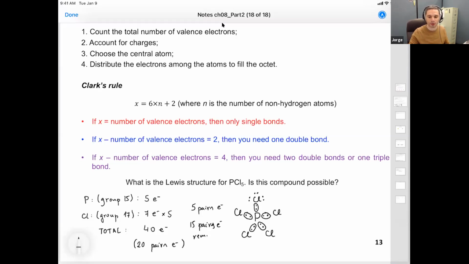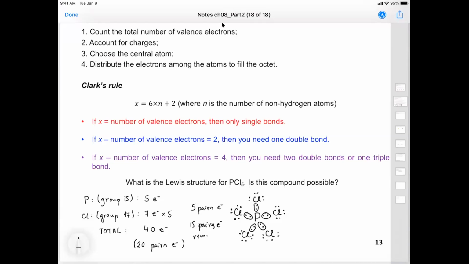So let's move on to the next one, and I will follow the clockwise order. Same thing, 1, 2, 3, 4, 5, and 6. Now, the chlorine on the left side has 8 electrons as well, and we move throughout the structure to fill out the octet for all the atoms that are connected to the central atom.